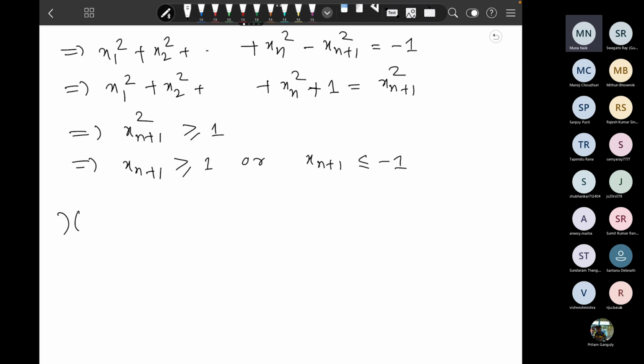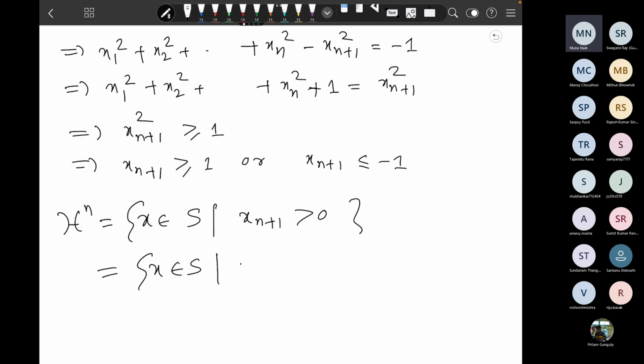So I define H^n to be the set of x belonging to S such that x_{n+1} is greater than 0. Because x_{n+1} is either greater than or equal to 1 or less than or equal to -1, this is the same as x belonging to S such that x_{n+1} is greater than or equal to 1. What was your S?